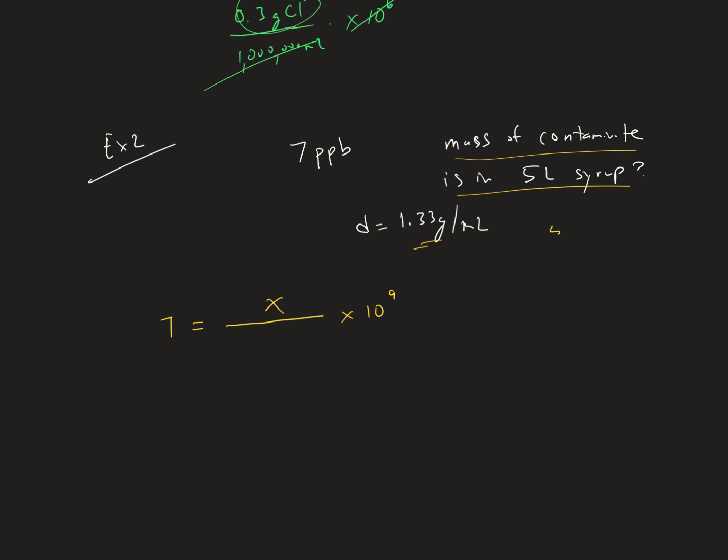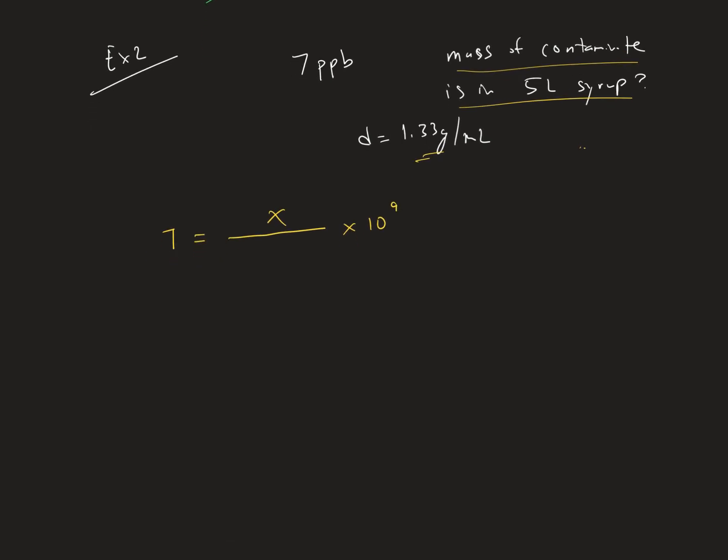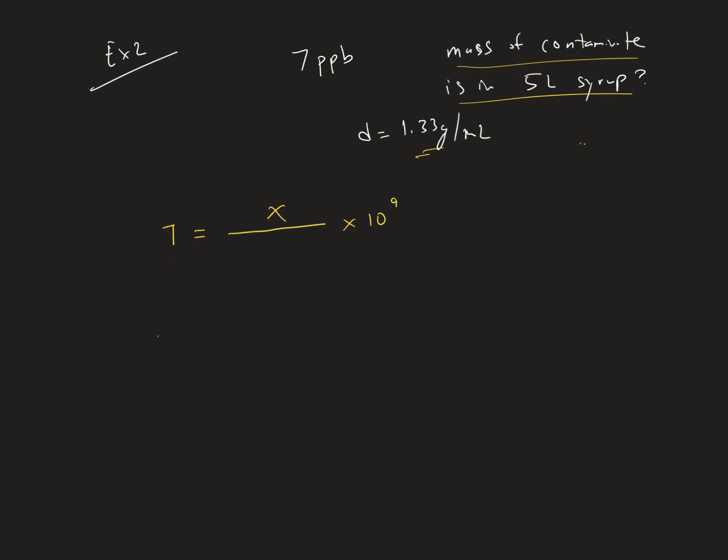So we got to change 5 liters, or we can say 5 liters is how many milliliters? Whoops. I won't skip steps. So 5 liters, let's convert this to milliliters first.